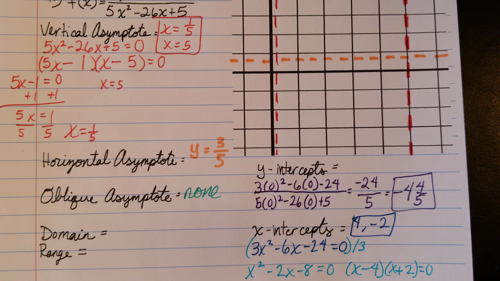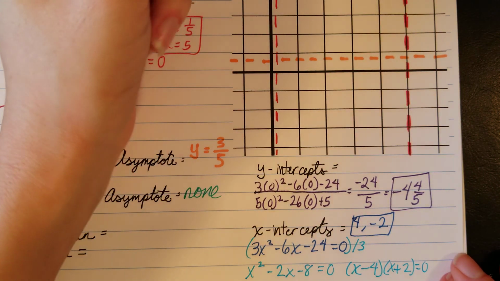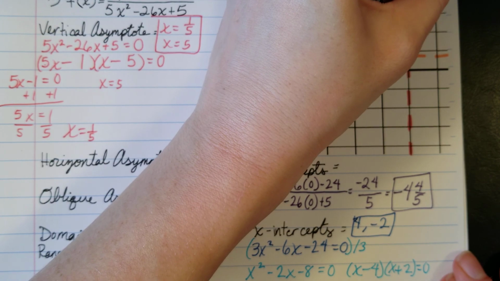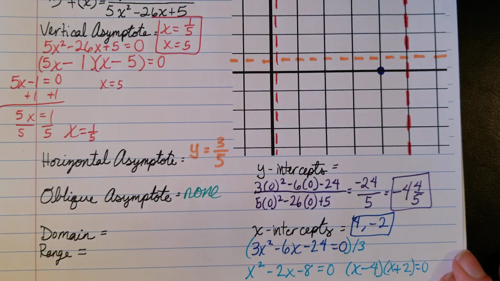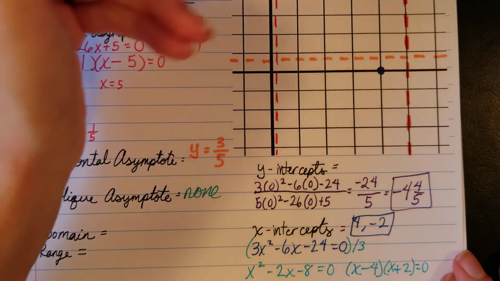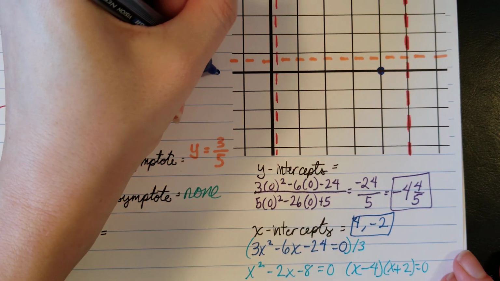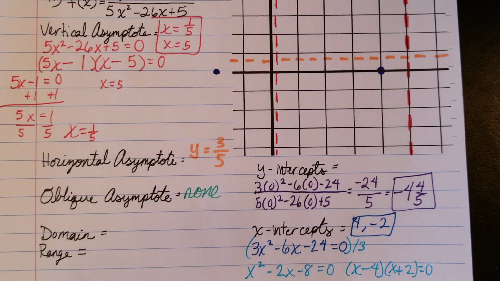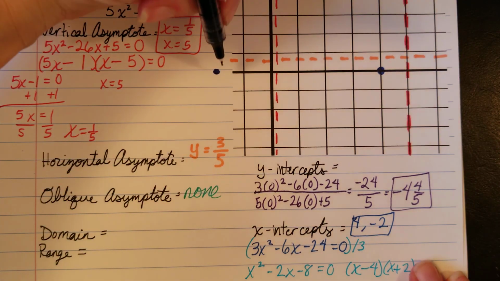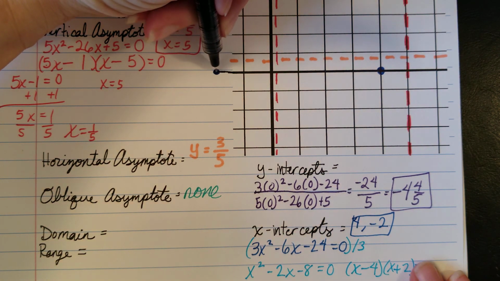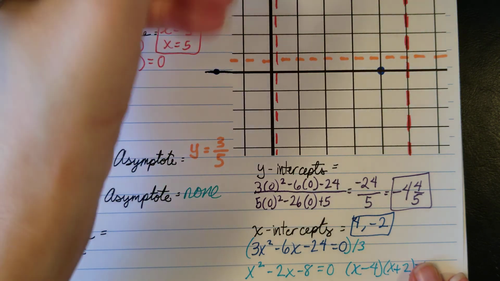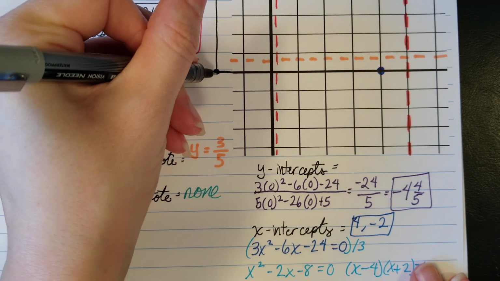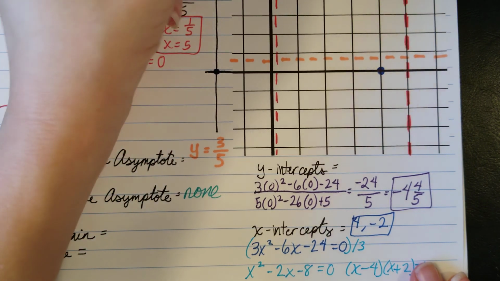And we have x-intercept at positive 4 and negative 2. Okay.